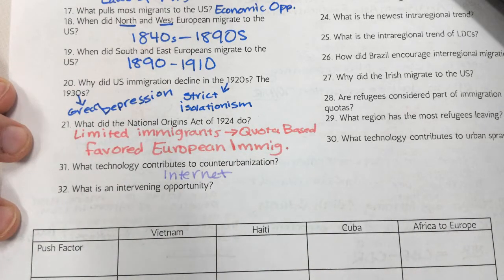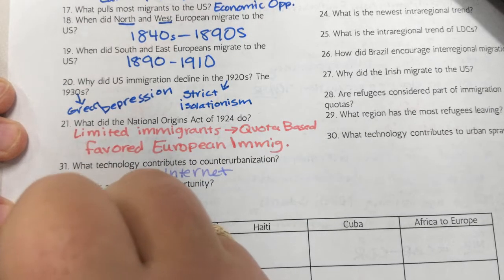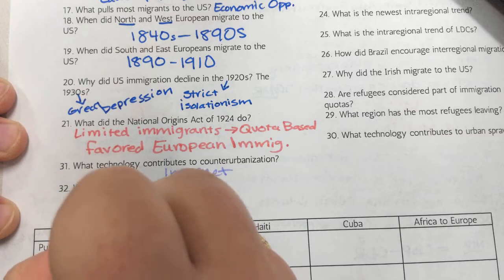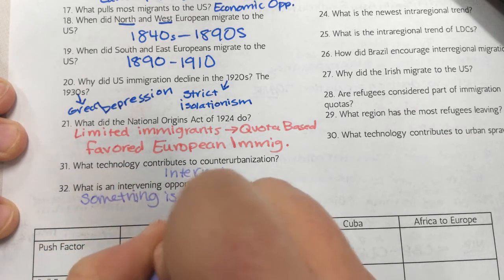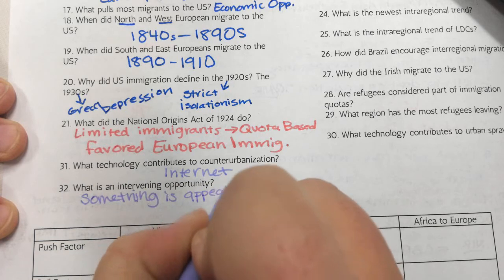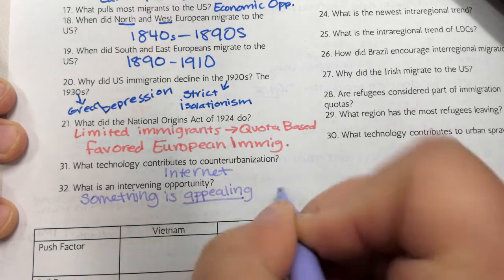Number 2, what is an intervening obstacle? An intervening obstacle is when you stop along the way of migrating because something has appealed to you before your final destination, which is a good thing.